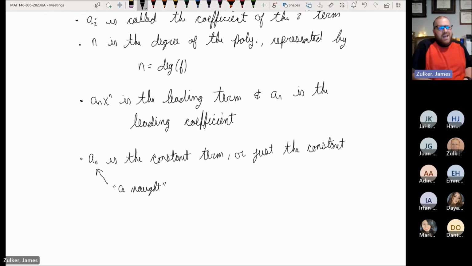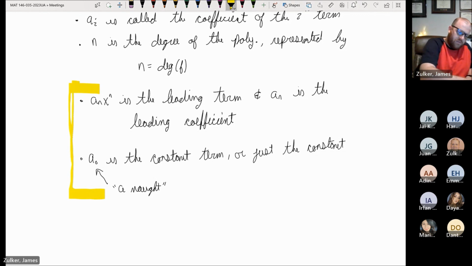Now you can also call that a sub 0, but in math we just call it a naught. When trying to find the zeros of polynomials, being able to identify the leading coefficient and the constant is very important. Also, being able to identify the degree is pretty important.